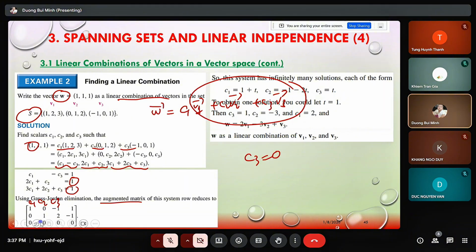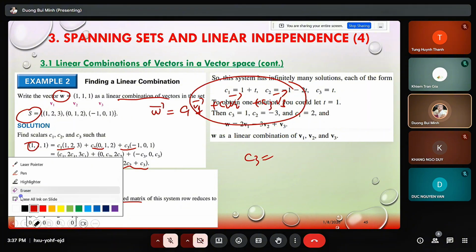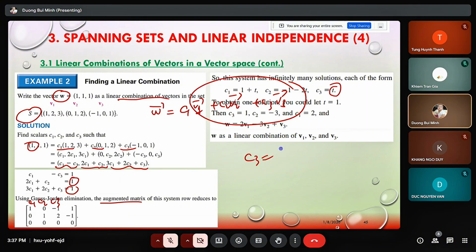C3 is what? It's free, right? So we say C3 is T. So you get C2: C2 plus 2 C3 is minus 1, so C2 is minus 1 minus 2T.